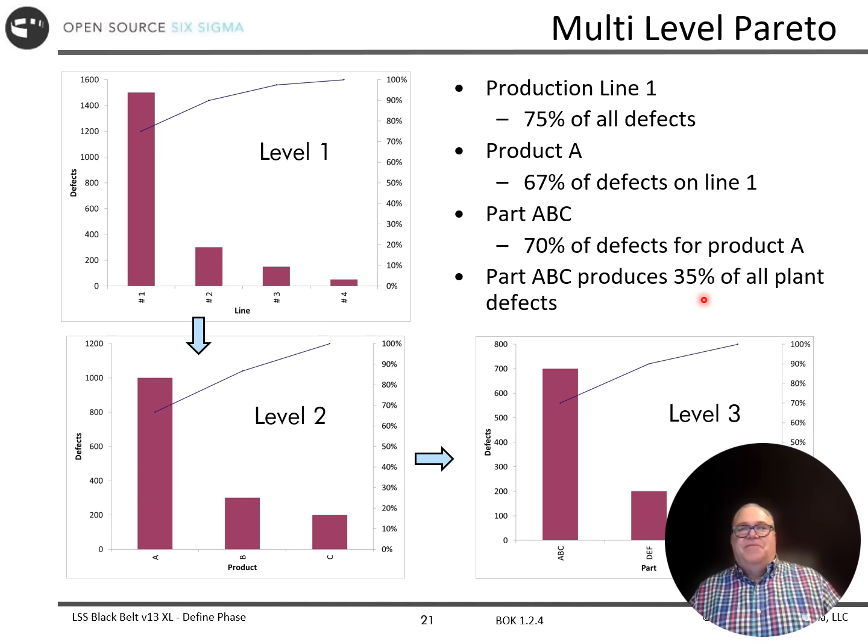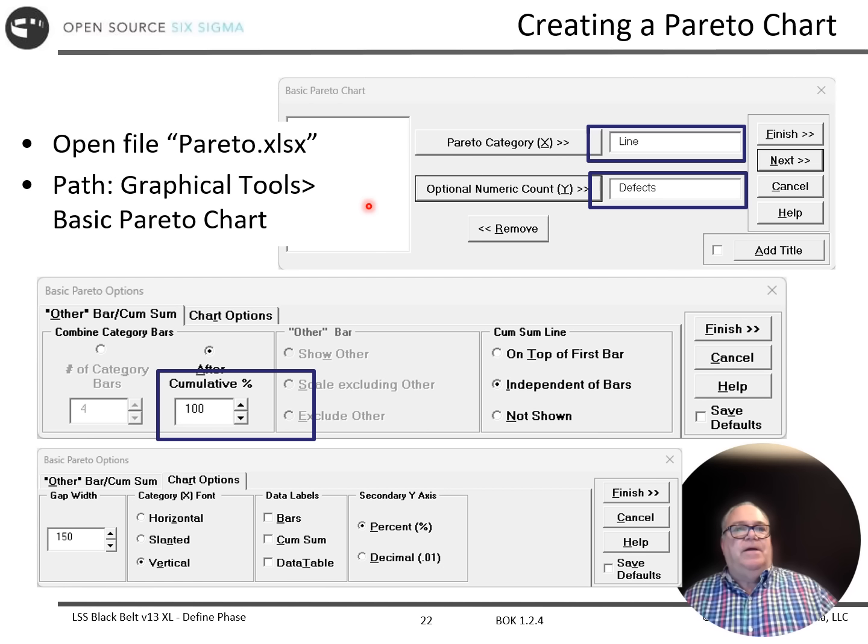Now we're going to show you how to create a Pareto chart inside SigmaXL. I'm going to show you the screenshots here, and then in 2 slides we'll actually go live and show you the mechanics of doing this. First we're going to open up SigmaXL, if you don't have that done already.